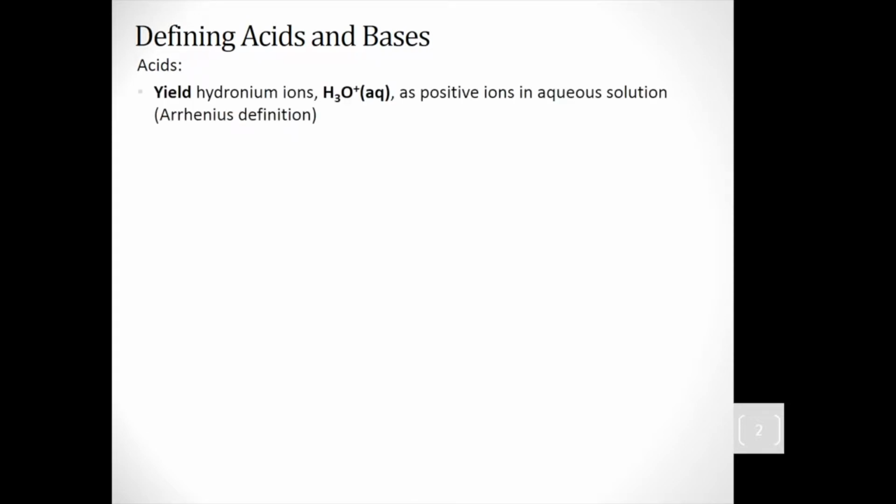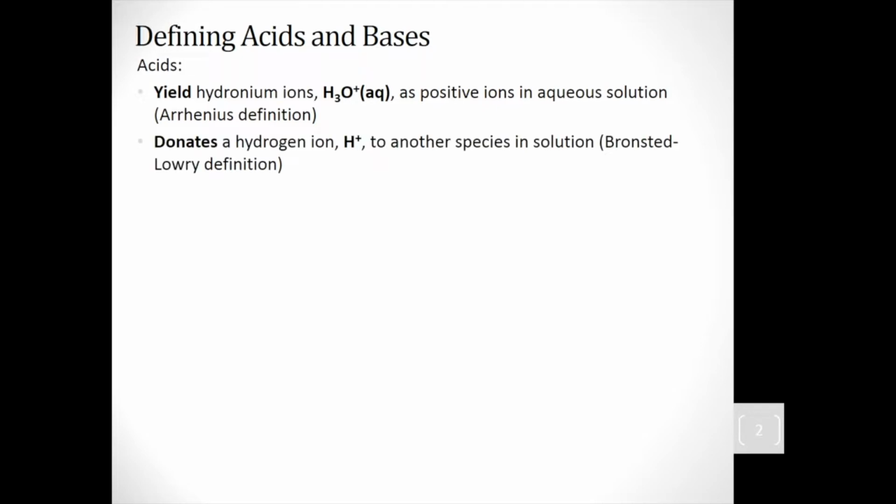Luckily, there will be some cases where we don't have to apply equilibrium concepts, but we are doing a big section on acids and bases now because so much of it relies on equilibrium principles. So, let's define some things to get started and orient you to acids and bases in general, and then we'll bring in the equilibrium stuff.